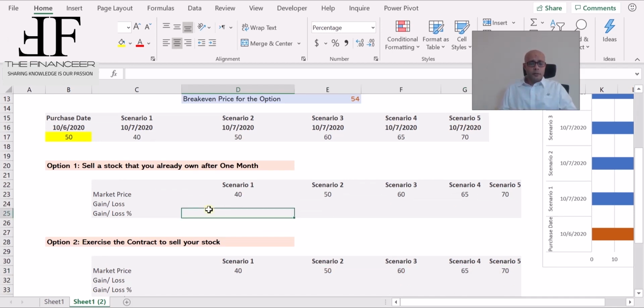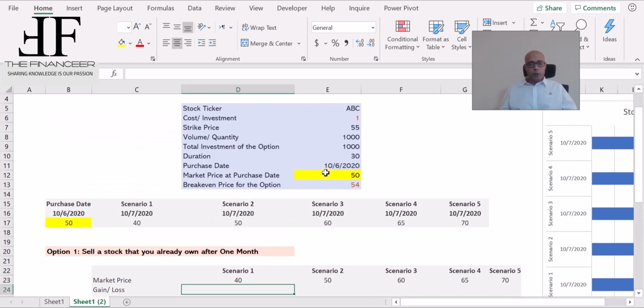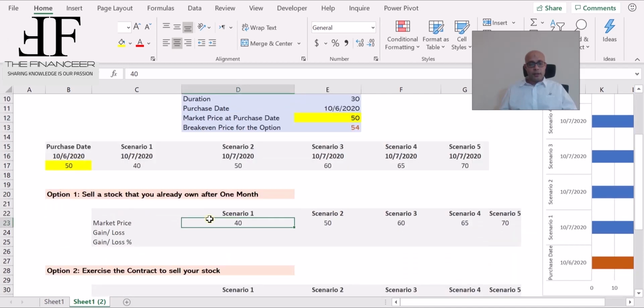Now let's start with the first option, which is the traditional way of doing investment on stock: purchasing from the market and selling in the market without signing any put option, without even understanding the derivatives. Okay, so now assume that you purchase the stock from the market at $50, and now you are going to sell it based on the first scenario. The market price is 40.